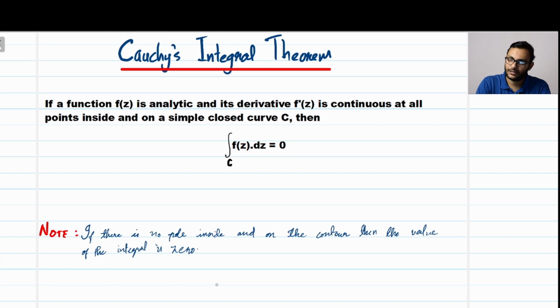Here we have a function f(z), and we take a closed contour. That contour should be simple.